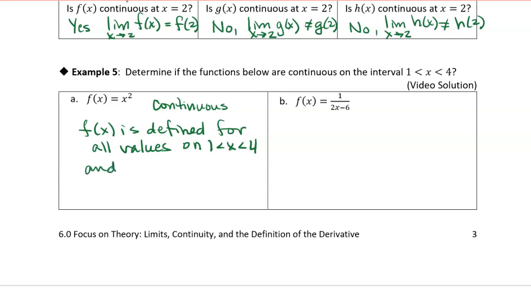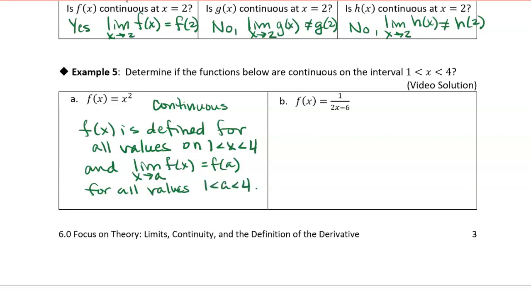And now this is where it gets a little bit shaky. I'm just going to say that the limit as x approaches any value a of f of x is equal to f of a, for all values of a between 1 and 4.